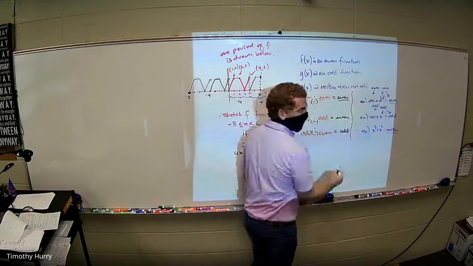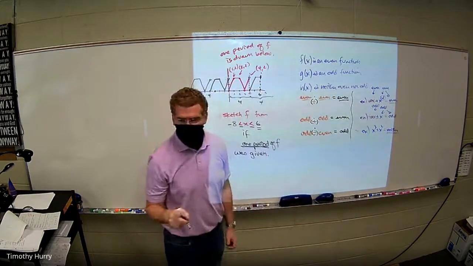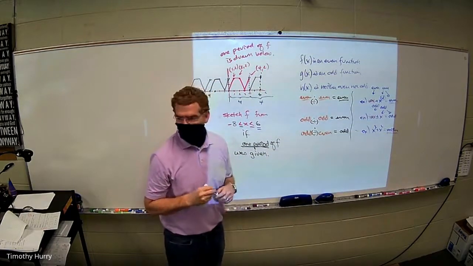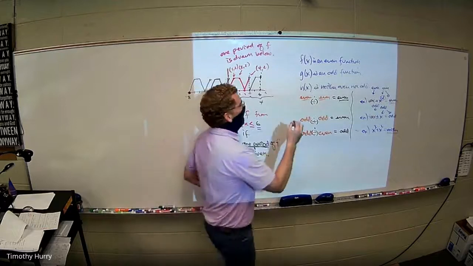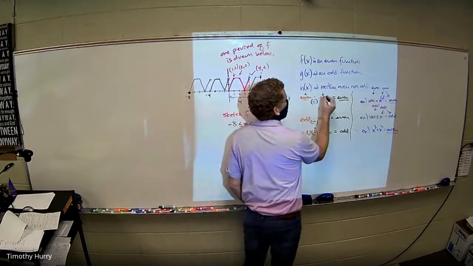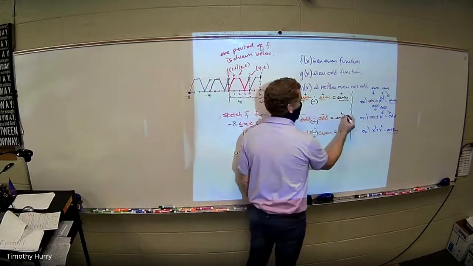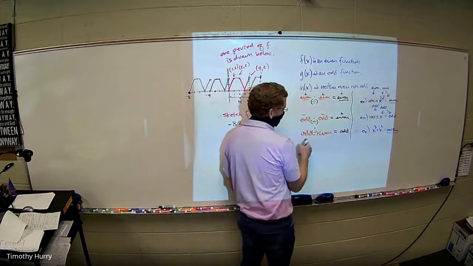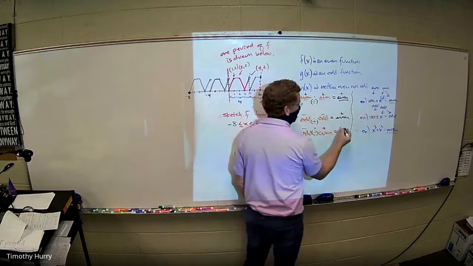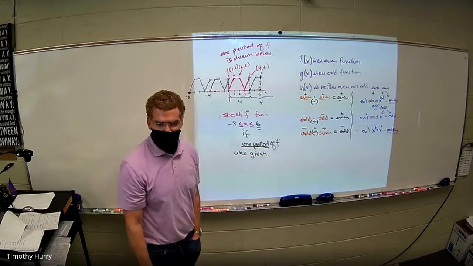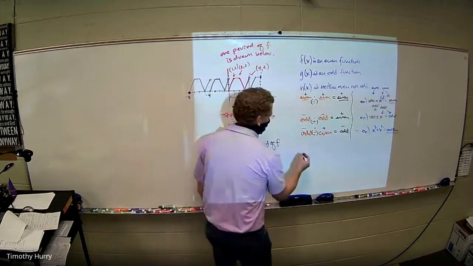Do you have another way of explaining that, or thinking about it? Like positives and minuses, right? Evens are like positives. Positive times a positive is a positive. Odds are like negative. Negative times a negative is a positive. But if they're different, odd, negative, positive, negative. Y'all seeing that?